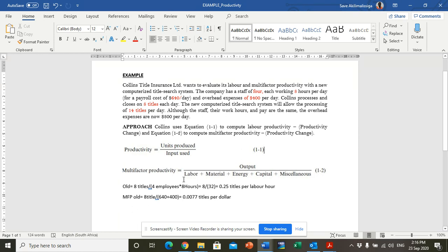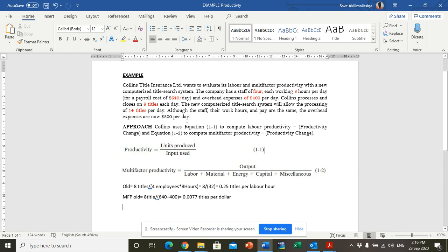So what is going to happen? Since we have two systems, we are done with the first system. We are now going to calculate labor productivity for the new system, right? If you go back to the statement, it says the new computerized title search system will allow the processing of 14 titles per day. So this is what can be produced with the new equipment, right?